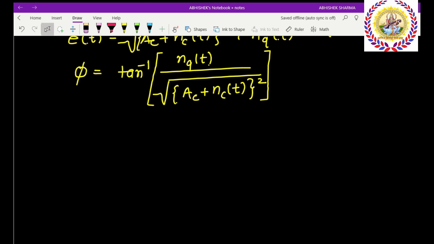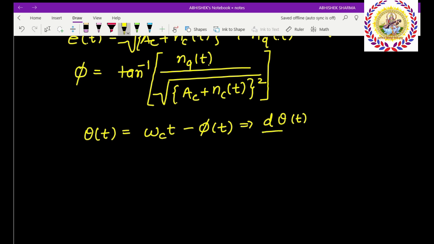So theta t is equal to omega ct minus phi t. And if you want to calculate the instantaneous frequency, we have to take the derivative of this theta t, which will be given by d by dt theta t is equal to omega c minus d by dt phi t.